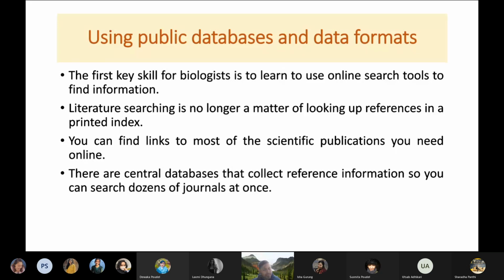There are central databases that collect reference information so that you can search dozens of journals at once. Even for this, you need to have a certain computer knowledge, and behind the back of this technology, there has to be this development in hardware and software by virtue of which all these scientific papers, journals and research findings can be published online.